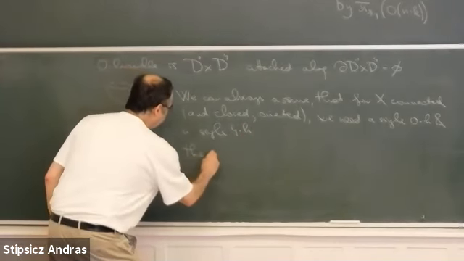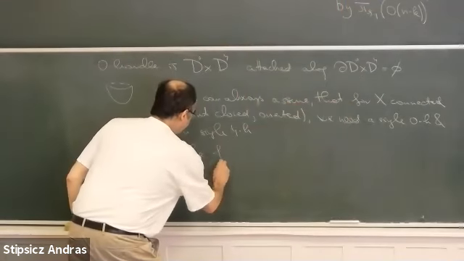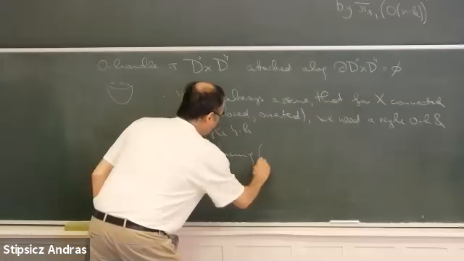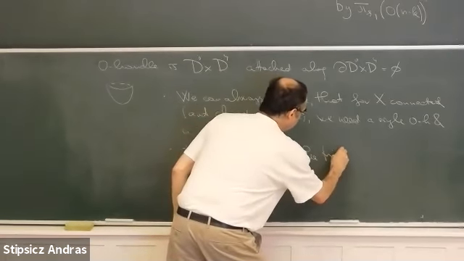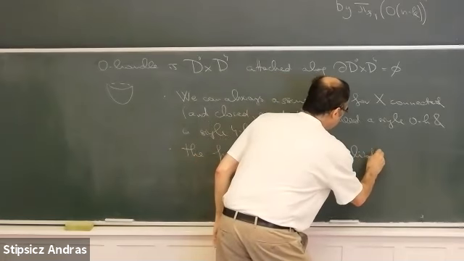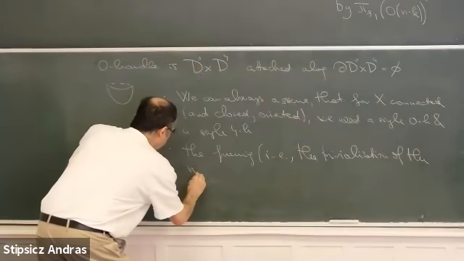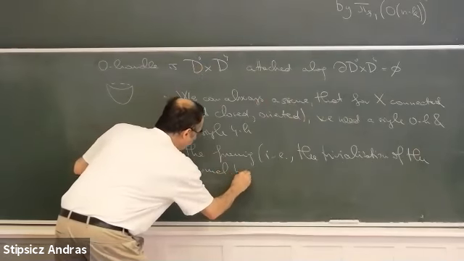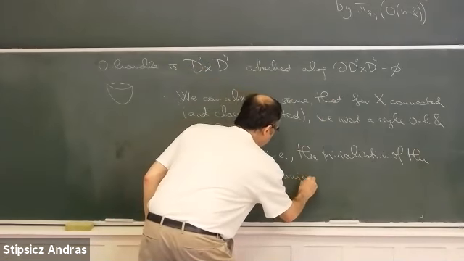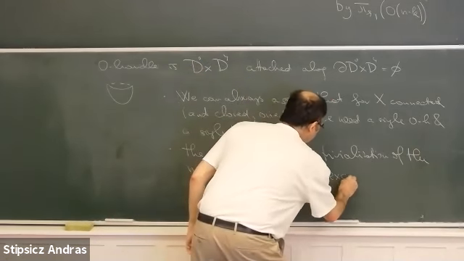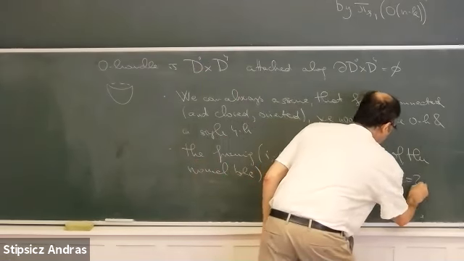The framing, i.e. the trivialization of the normal bundle, is unique except when k is equal to 2.